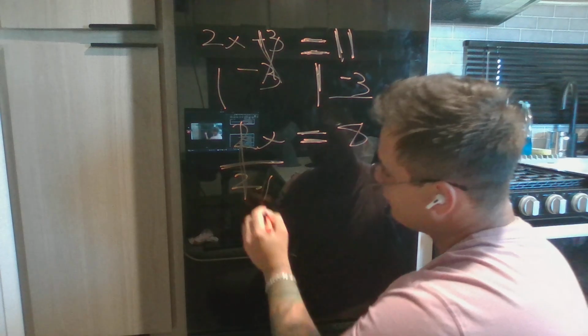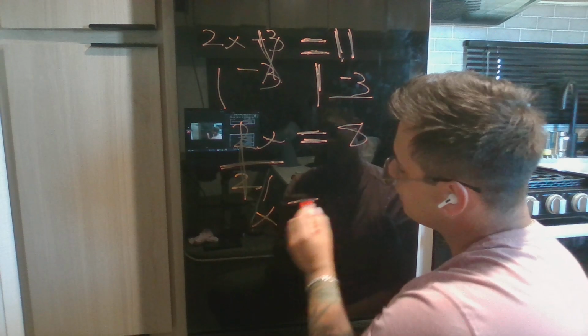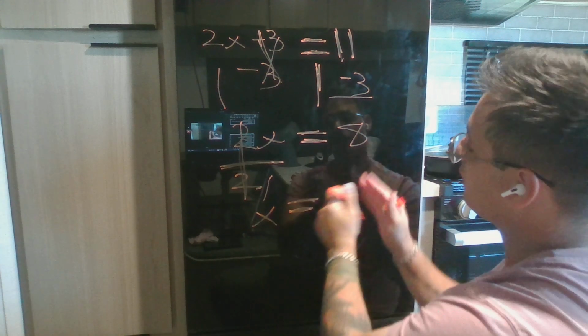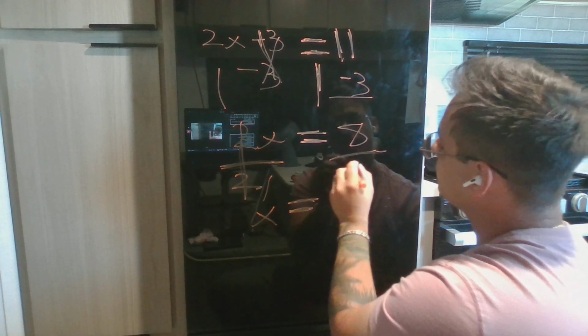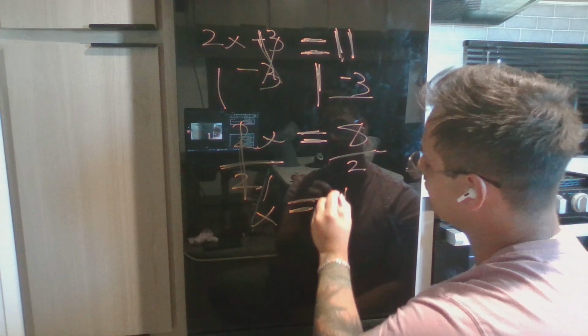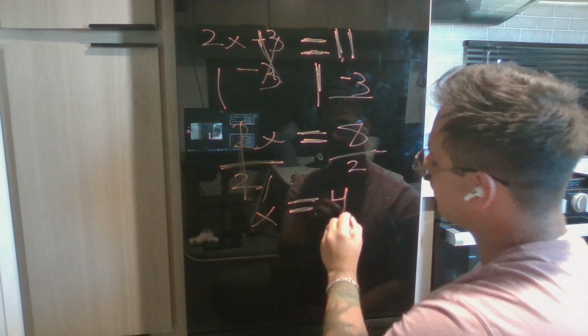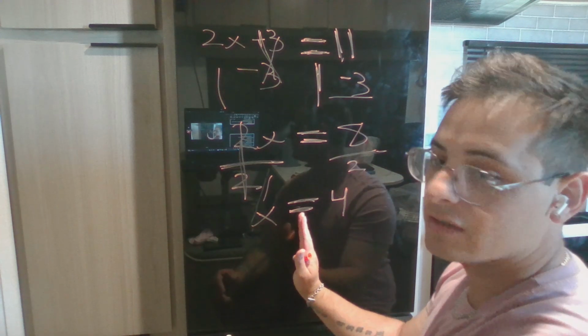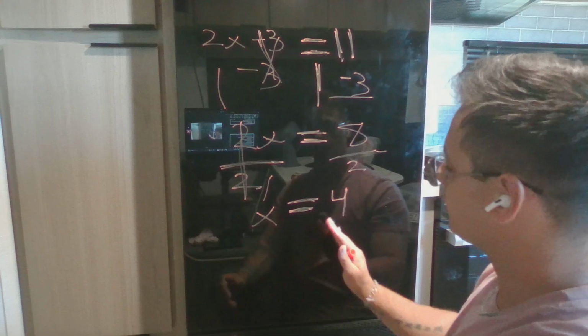We'll bring our x down, equals, now whatever we did on this side, we have to do on this side. So we do 8 divided by 2. 8 divided by 2 is 4. So now we've got our x by itself, our equal sign looking beautiful right there in the middle, equals 4.